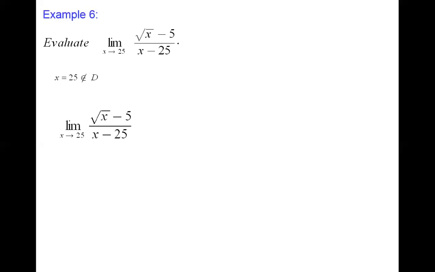In order to simplify the root expression, we will multiply and divide numerator and denominator by the conjugate expression. The conjugate is the same values, √x and 5, but instead of subtraction, we do addition. Always the opposite sign.